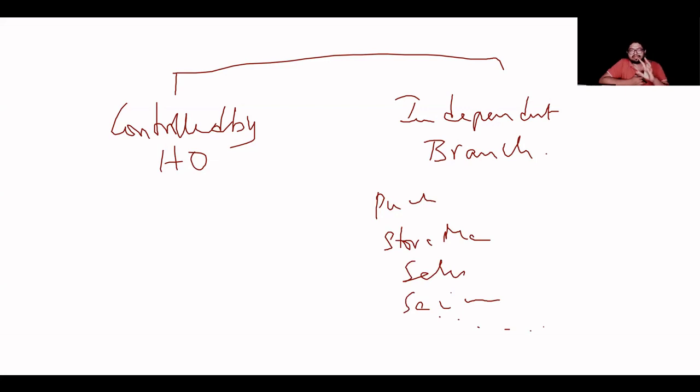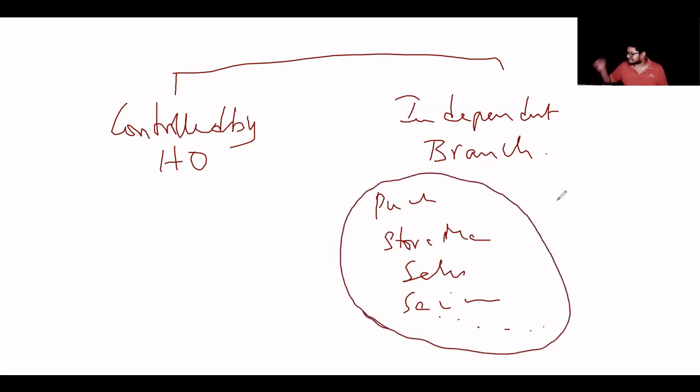If I call a branch to be an independent branch, it means that none of these activities are something taken care by the head office. Then I call it an independent branch.